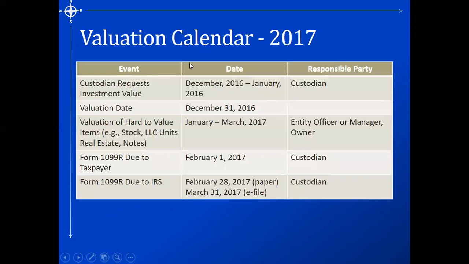So here's the calendar for 2017. Of course, in December and also January of 2017, you'll be getting requests for valuation from your custodian. The valuation date that they're looking for is the value of your self-directed retirement account assets as of December 31st, 2016.